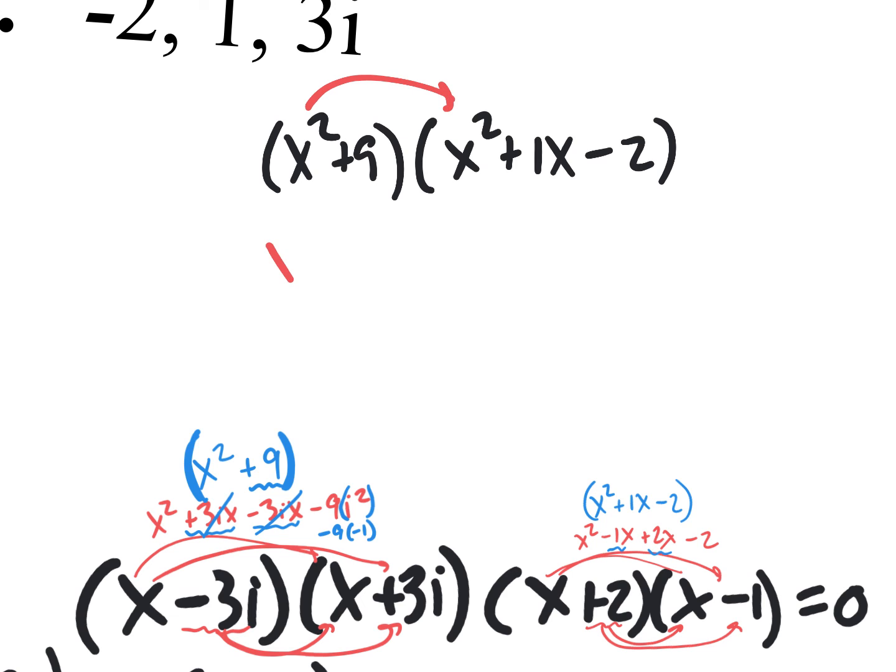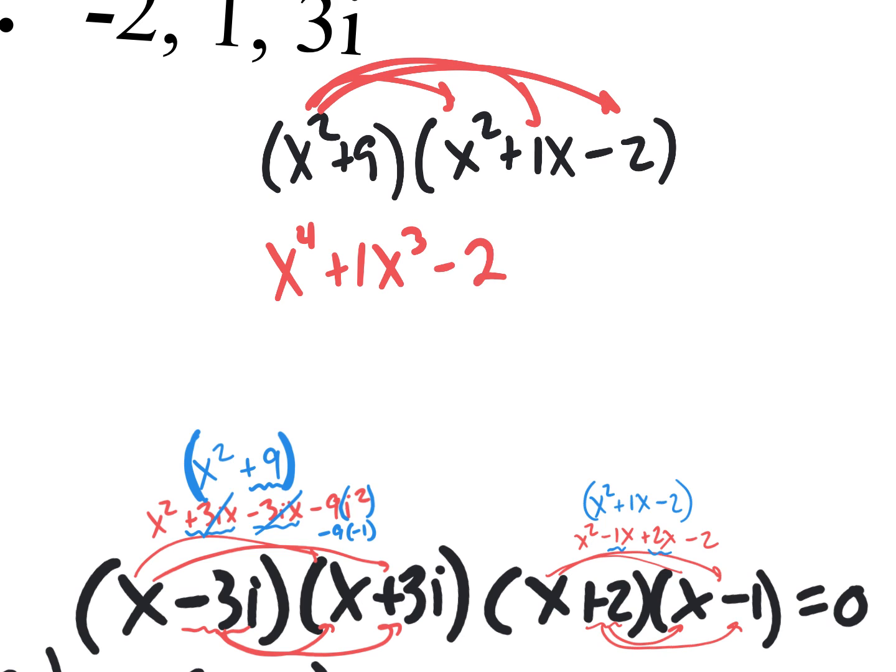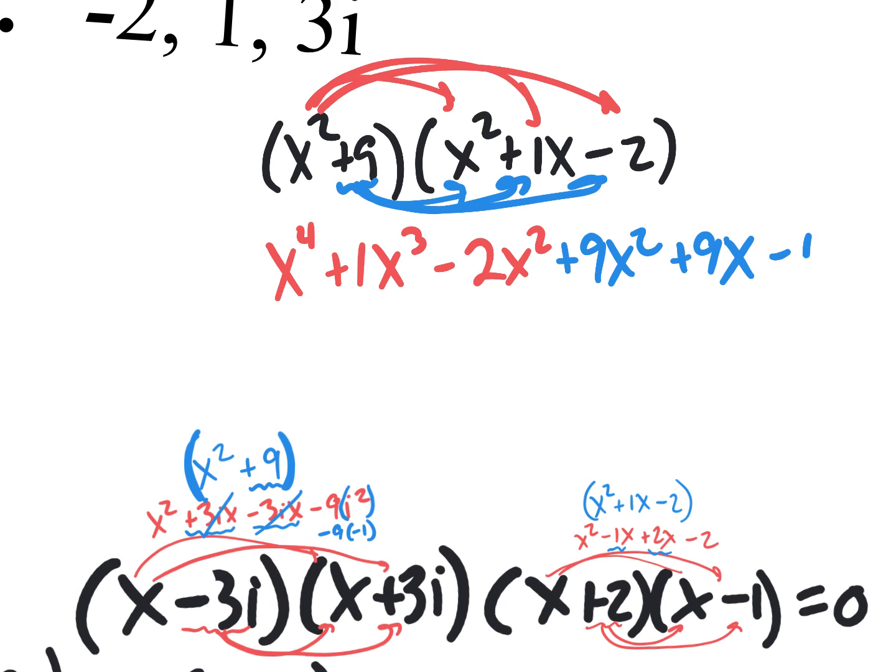X squared times x squared is x to the fourth. X squared times 1 is 1x to the third. X squared times negative 2 is negative 2x squared. And then distribute the 9 times x squared, that's plus 9x squared. 9 times 1, that's plus 9 with the x. And 9 times negative 2 is negative 18. Combine like terms.